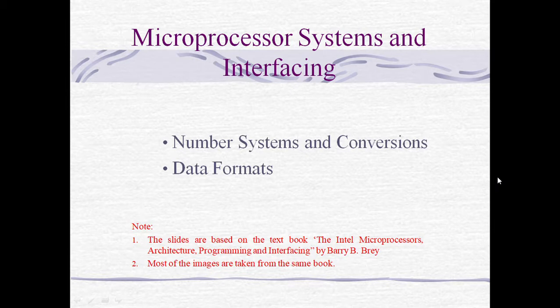In particular, I'll discuss how to convert from a number given in the decimal number system to a number in other number-based systems, and similarly from other number-based systems to the decimal system. And also some computer data formats will be discussed. These data formats are the most popular to store data in the computer memory.